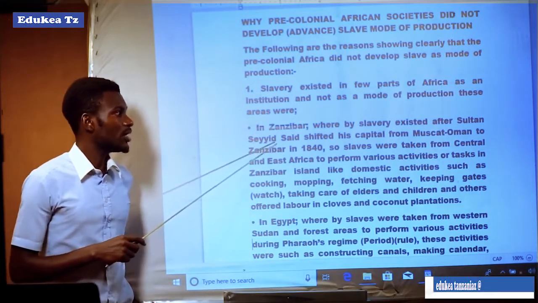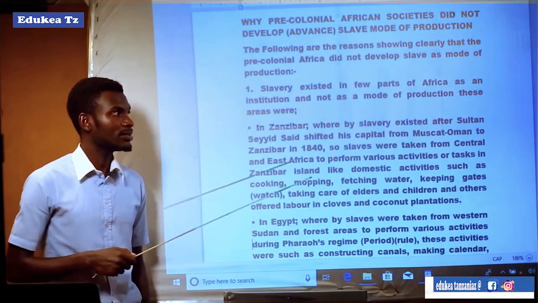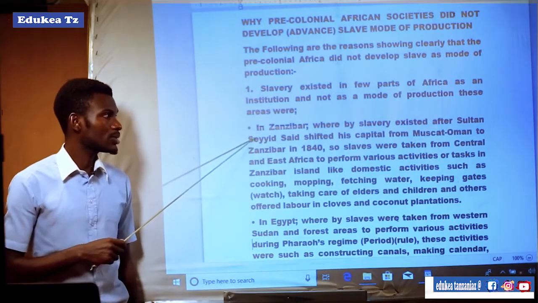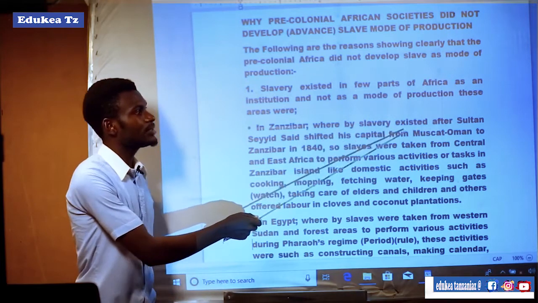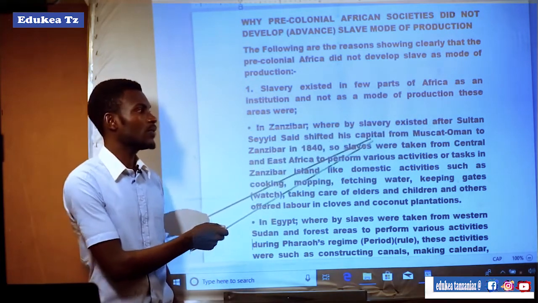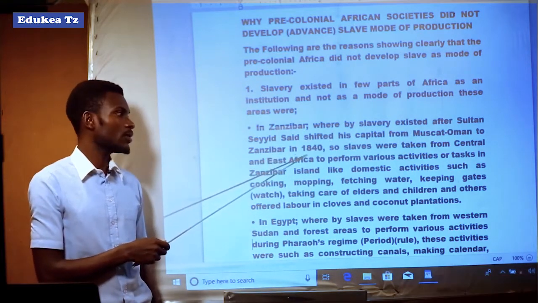The first area where slavery existed in Africa, as the first reason states, was Zanzibar, where slavery existed after Sultan Said shifted his capital from Muscat, Oman, to Zanzibar in 1840.